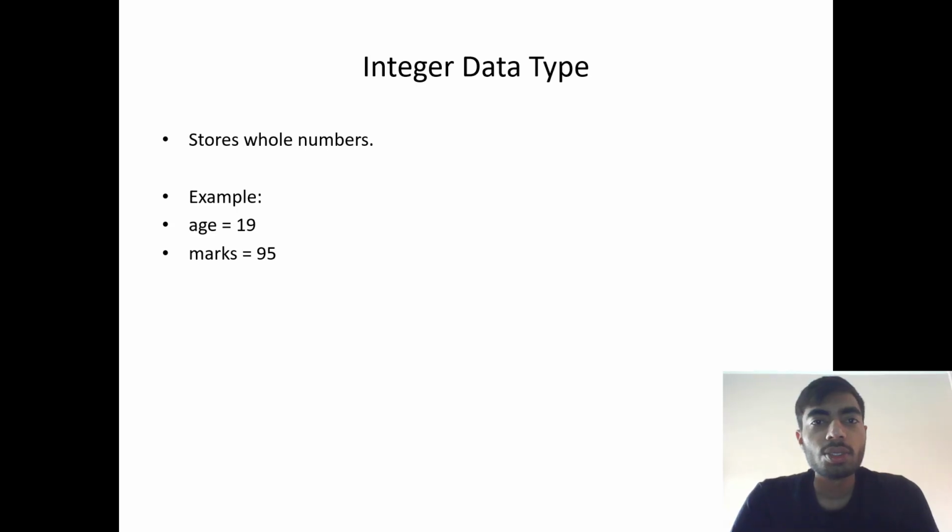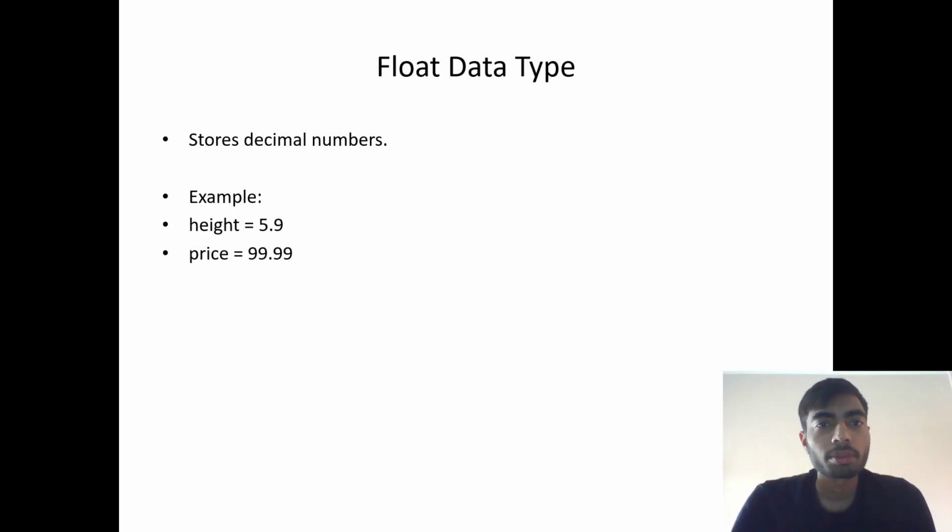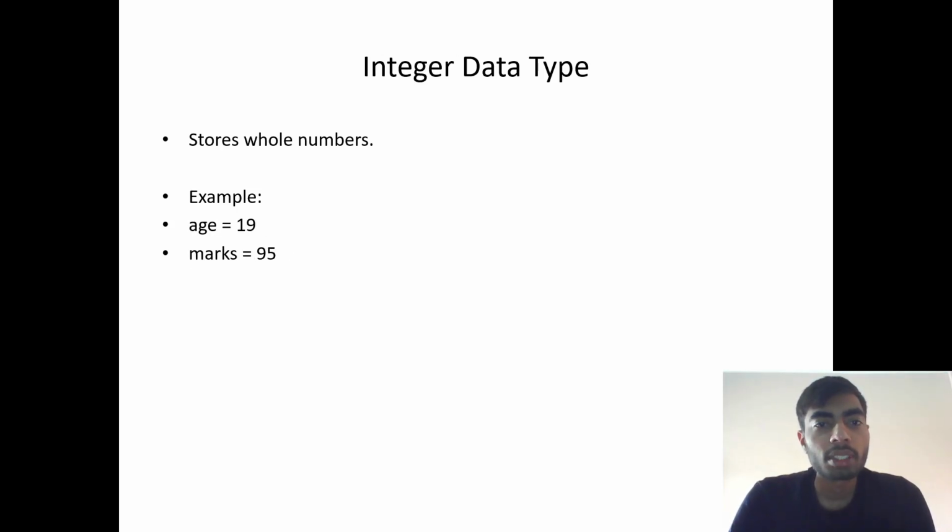An integer is used to store whole numbers. Whole numbers do not contain any decimal values. Examples include age, marks, number of students, and quantity of items. In our example, age equals 19 and marks equals 95.